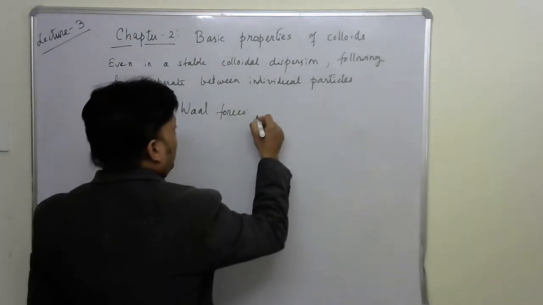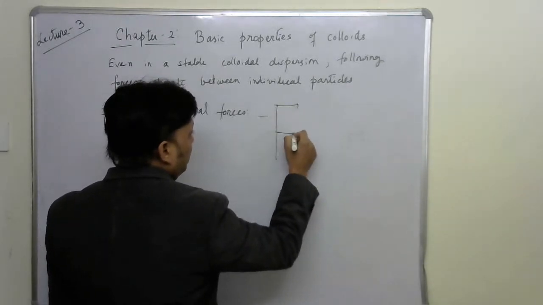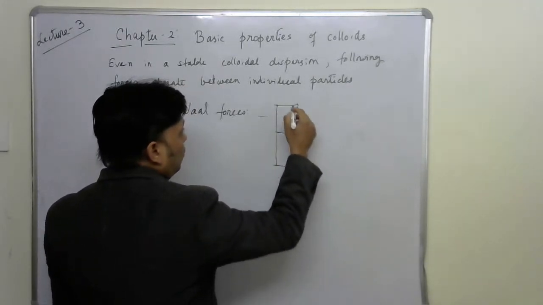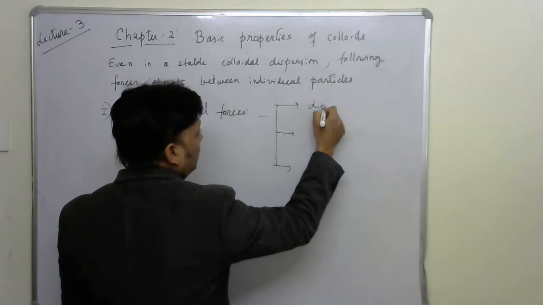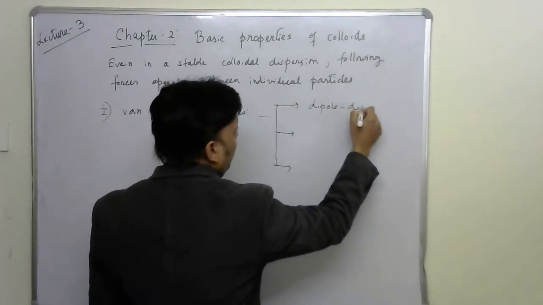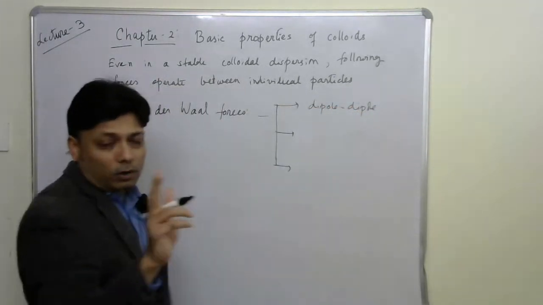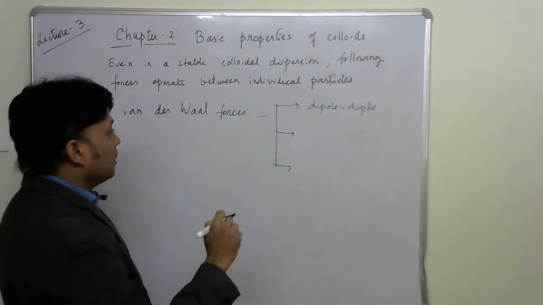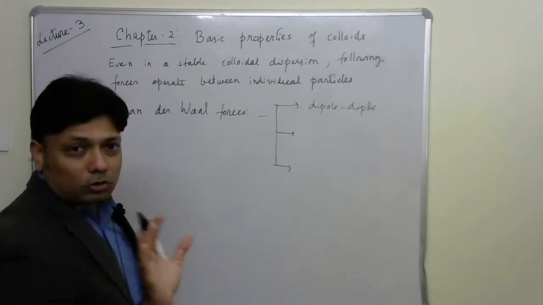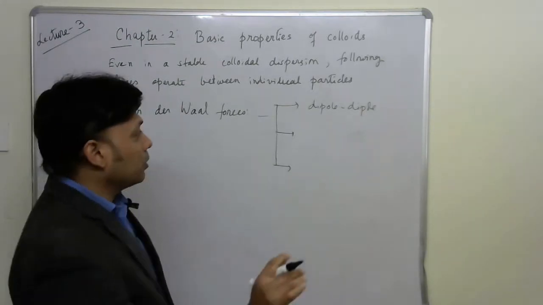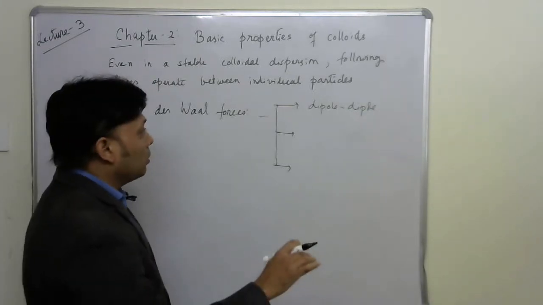And there are three kinds of van der Waals forces mainly. One is the dipole interaction, how two water molecules attract each other. Remember, I'm still not talking about hydrogen bonding because it's a very special case.